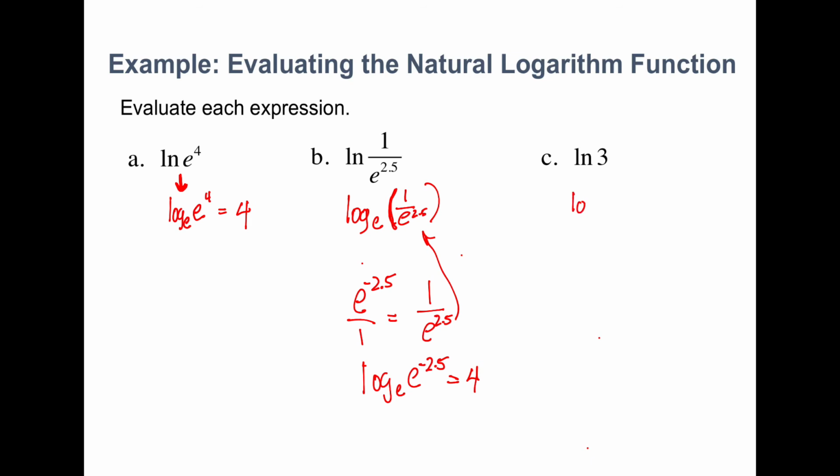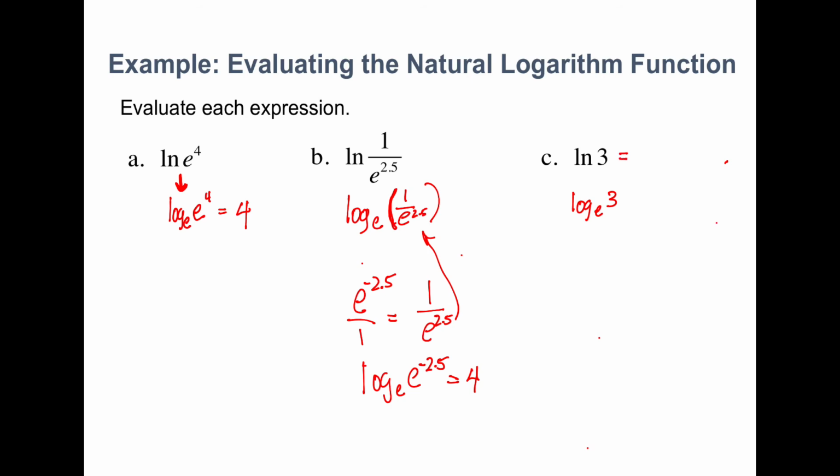And looking at this one, log base e of 3, in other words, e to what power results in 3. If you remember, e is a number. It's 2.71 something, something, something that repeats forever without a pattern. So with that 2.7 something, I don't really know what the power would have to be to result in 3. So here we would need to use our calculators.